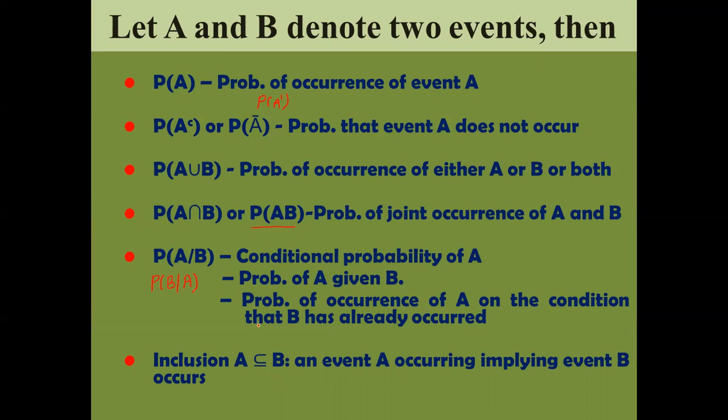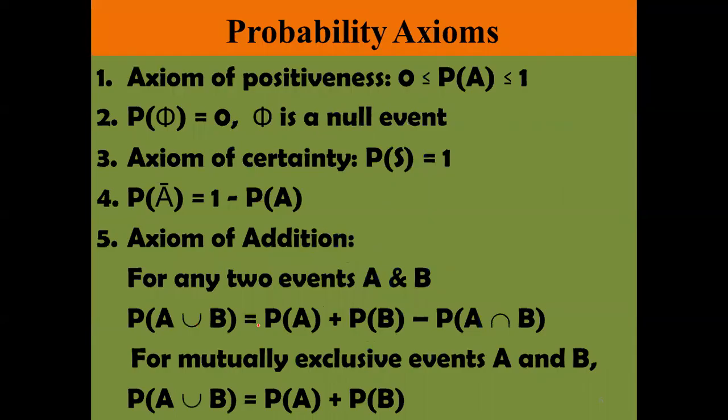With these notations, let us go for some of the probability axioms. The first axiom is the axiom of positiveness. The probability of any event A always lies between 0 and 1. The least value is 0 and the highest value is 1. Next axiom is that the probability of an impossible event is 0.